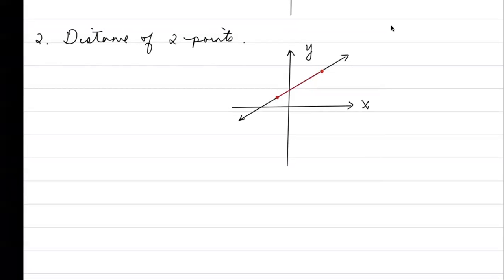That's what this formula can help us do.